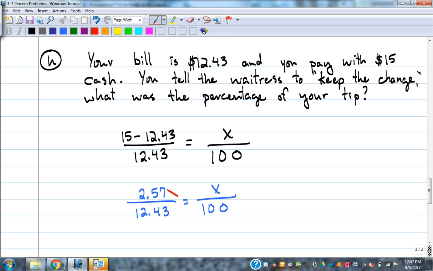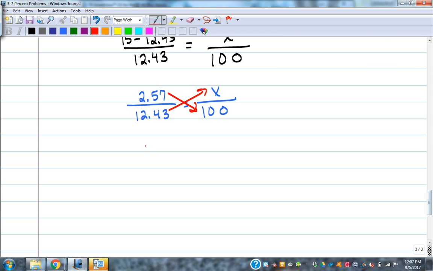And that's going to get us our percentage. So 1243x equals 257. Do our division. And let's round to 2 decimal places on that. 2 decimal places to the hundredths position on that percentage.